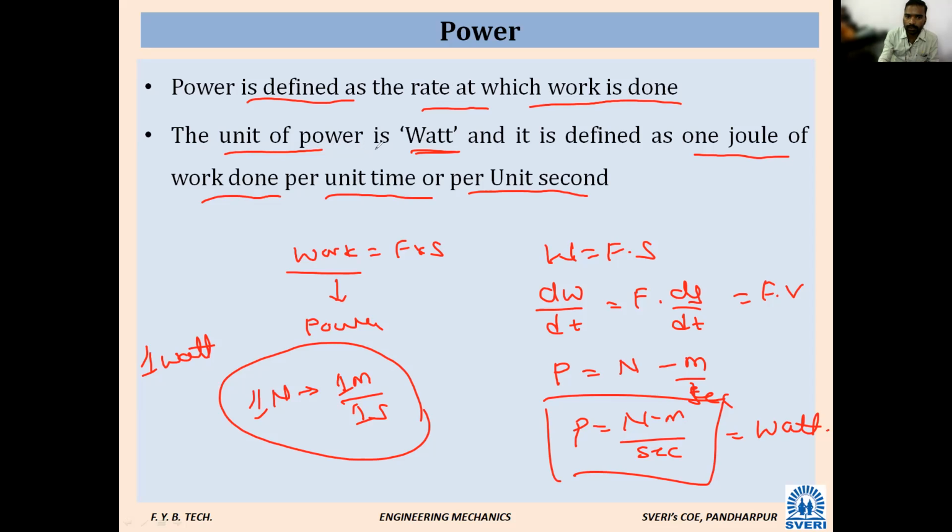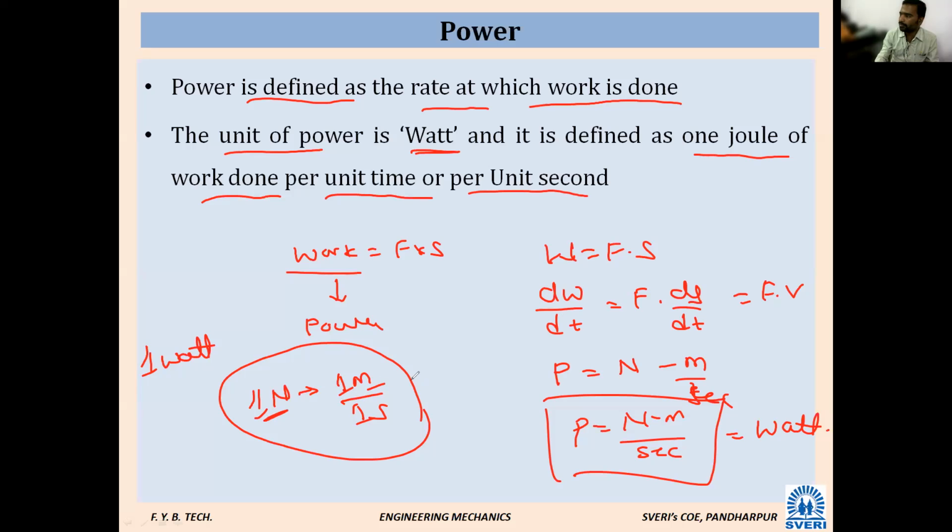Next, the unit of power is watt, and it is defined as 1 joule of work done per unit time or second. See, what is work? I took force 1 Newton and 1 meter.